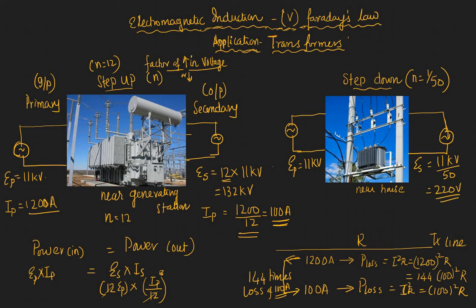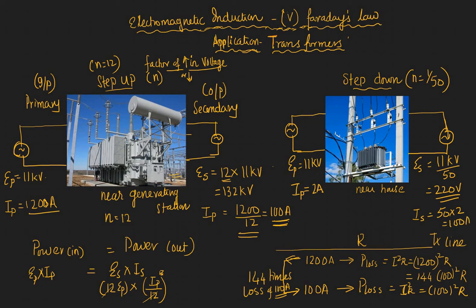And of course, if your current here is, let's say, 2 amperes, since your voltage is brought down by 50 times, your secondary current will have to go up by 50 times. So the product remains the same, right?